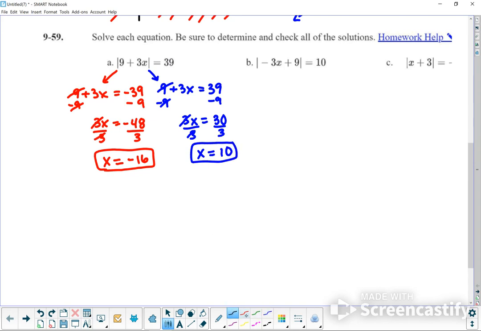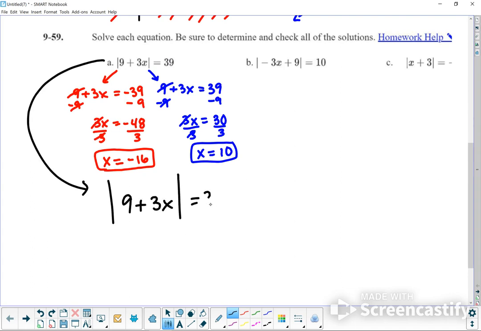If we're going to graph it, actually we're not even graphing it. We just need to check our answers. So the original one, we have absolute value 9 plus 3x equals 39, right? So we check negative 16. If we put negative 16 right here, we're going to have to figure out what 3 times negative 16 is. That's negative 48. So we will have absolute value of 9 plus negative 48.